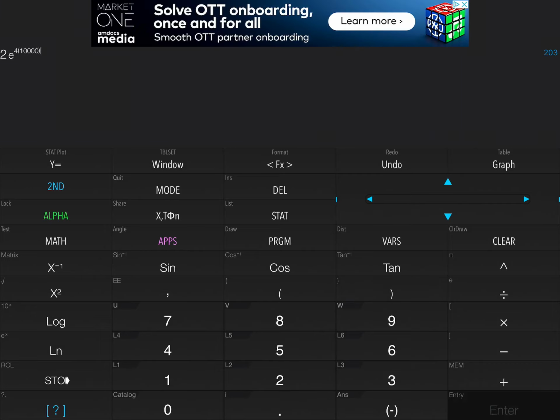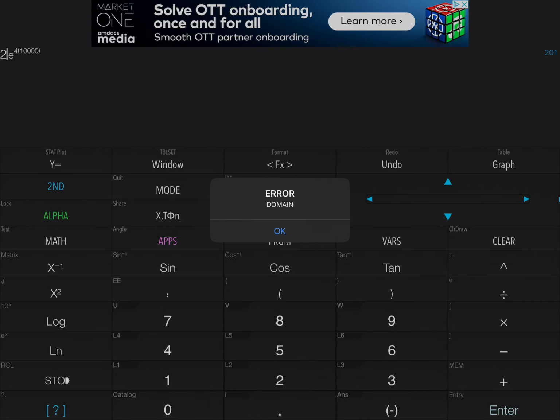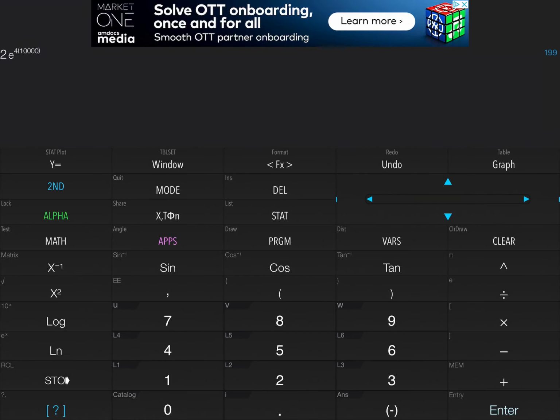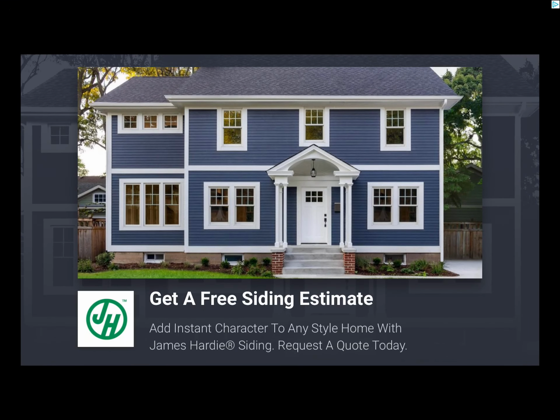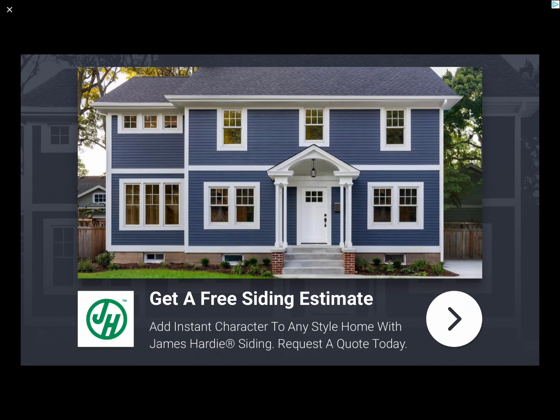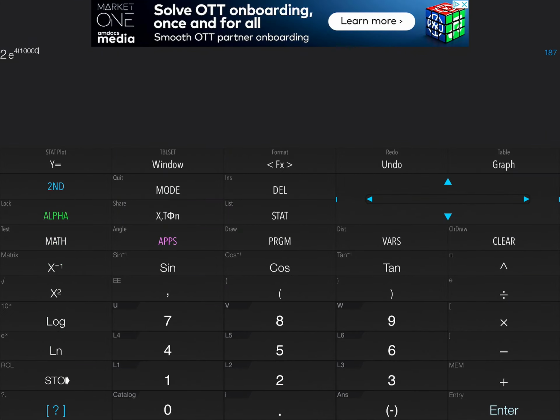I'll do 1,000. No, that's 10,000. If I hit enter, it's going to say it's too big. Maybe just 100. Maybe that's big enough for you to see.